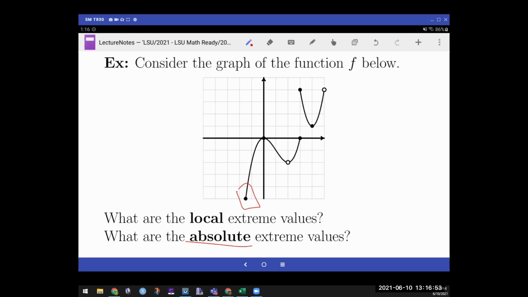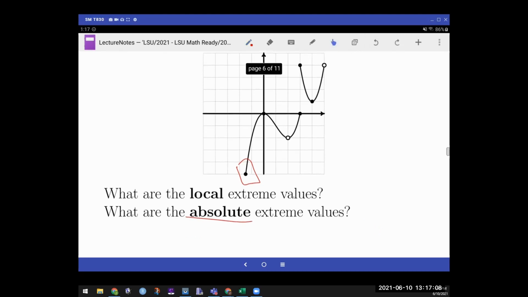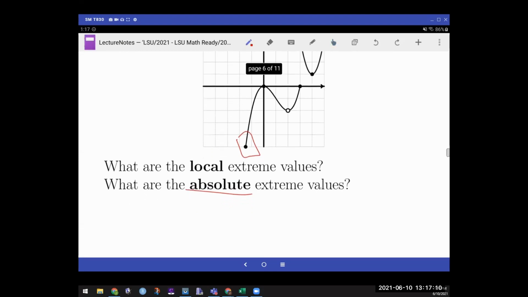So here's my lowest point. It is equal to negative 5. This is the absolute minimum value. It's negative 5. In other words, it's 5 down.